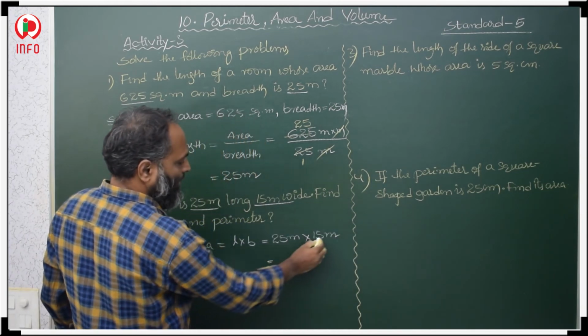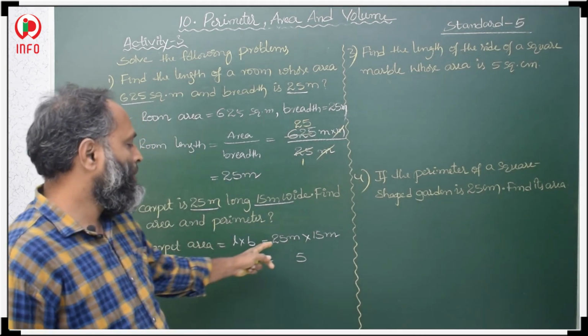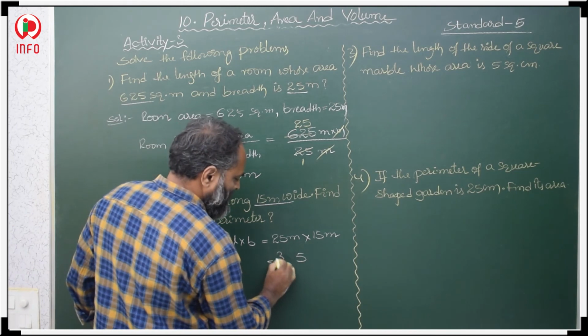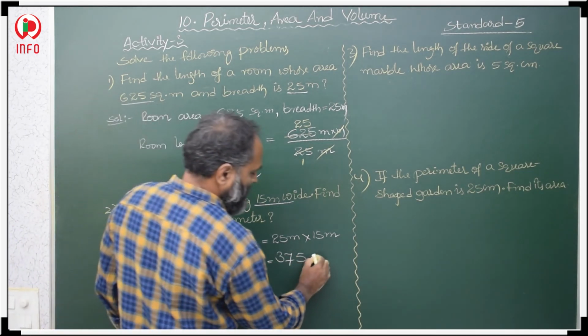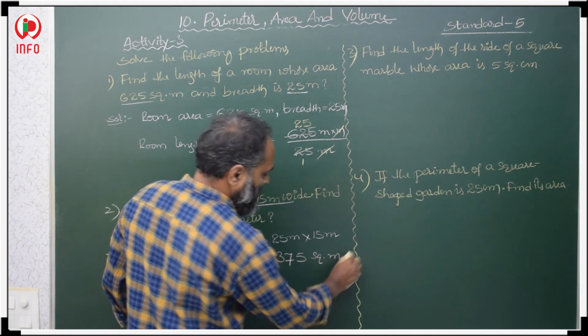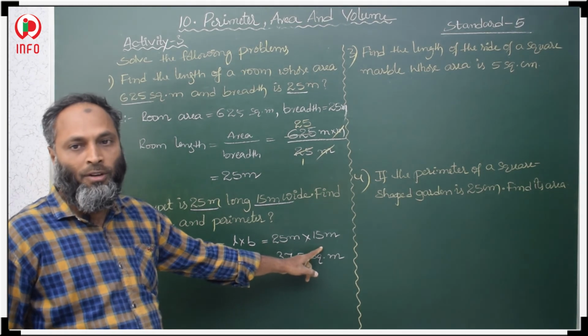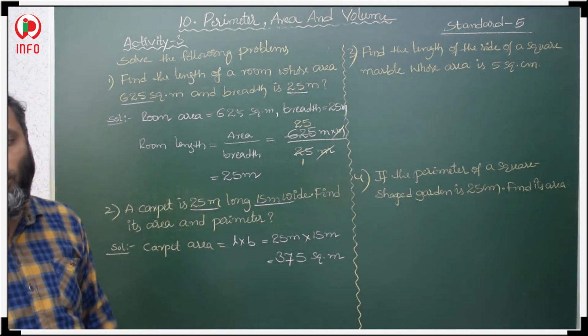Then multiply: 15 fives are 75, and 7 carried. 15 twos are 30 plus 7, 37. 375 square meters. This is the area, 25 into 15, that is 375 square meters.